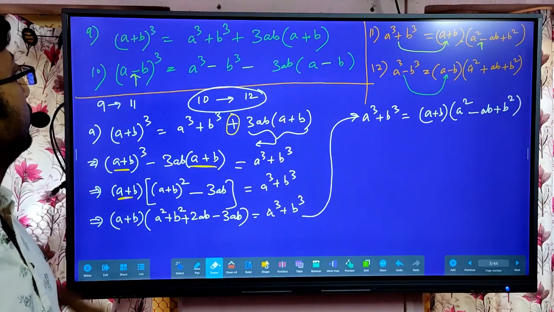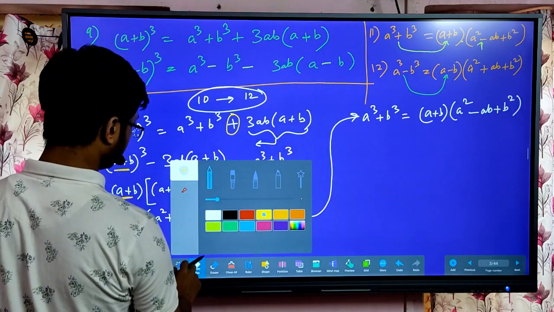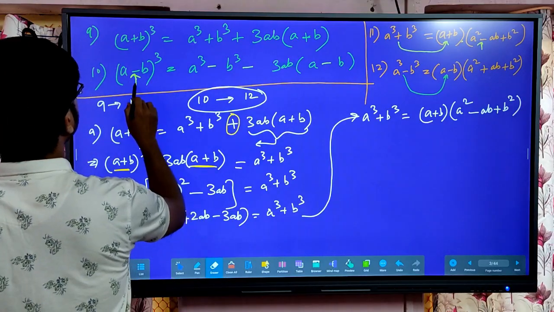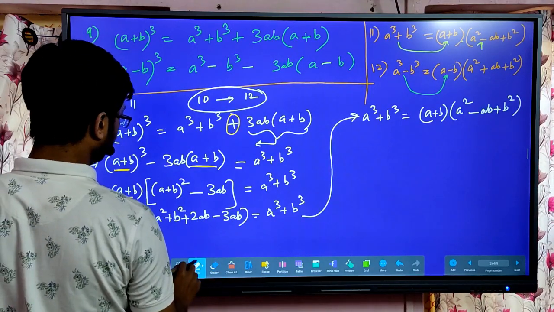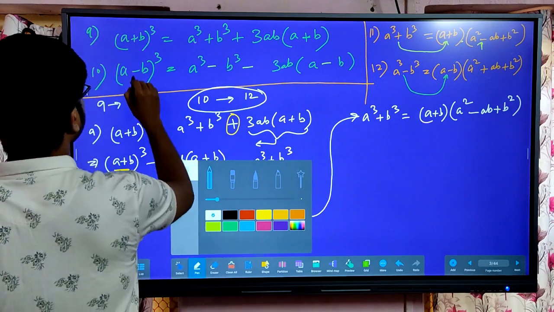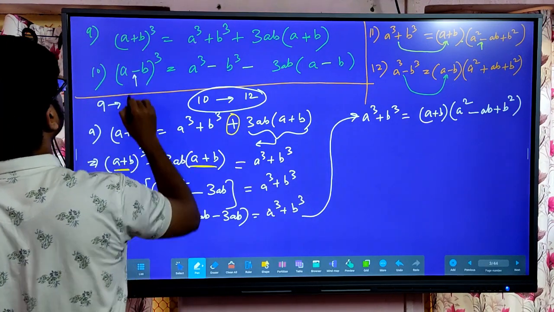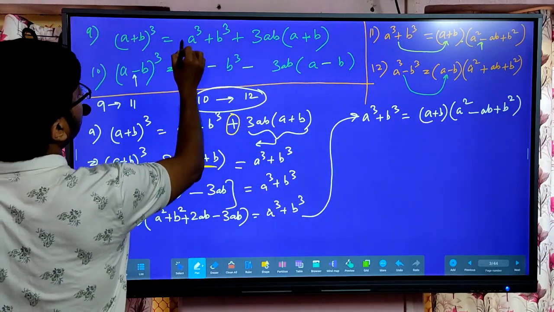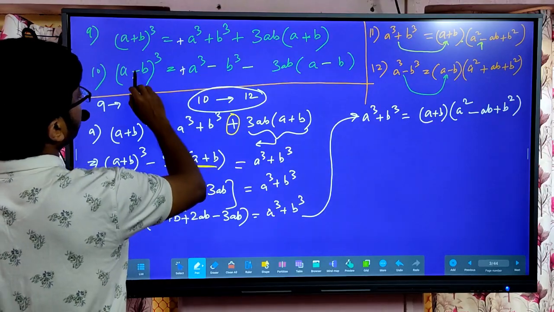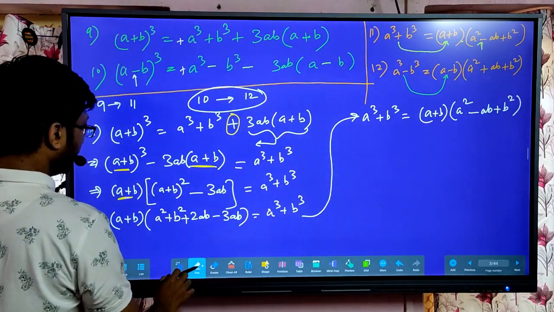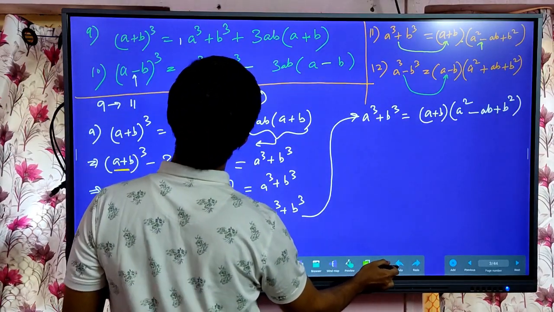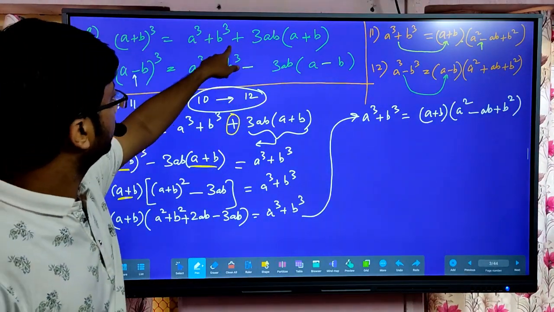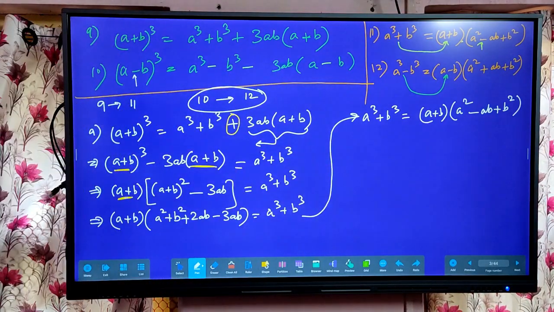And when it is a minus b whole cube, all the terms will be negative. Only the initial a cube will be positive. In case of negative, every other sign will be negative. So it will be a cube minus b cube minus 3ab into a minus b.